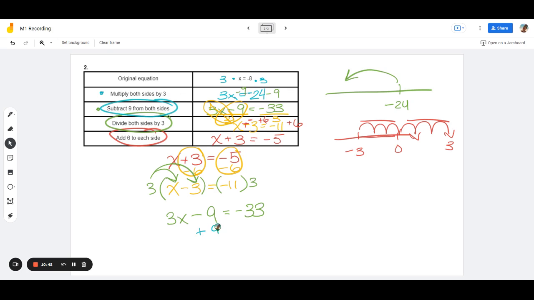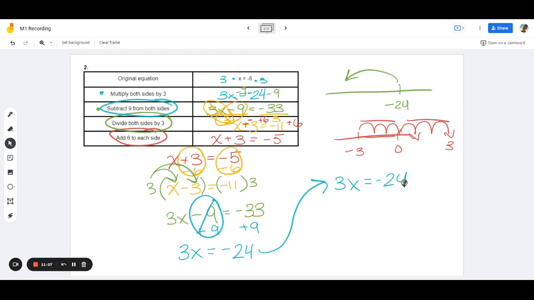So we're going to add 9 to both sides, and only to the like terms. This creates a 0 pair. Negative 9 plus 9 gives us 0, so we don't have to include that. So we just have 3x on our left-hand side. And on our right-hand side, we will get negative 33 plus 9, which gives us negative 24. So 3x is equal to negative 24.